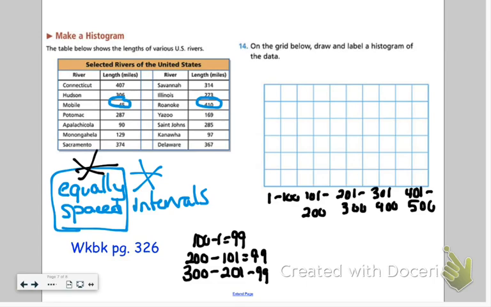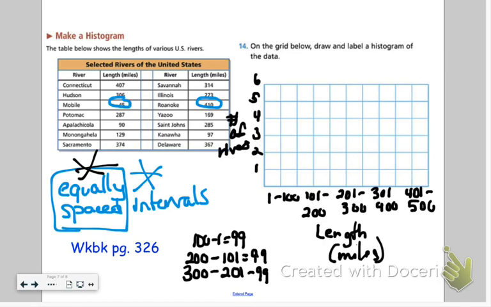And then for our frequency on the other side, so this is the length in miles. And then on the other side we have the number of rivers. So we have 1 river, 2 rivers, 3 rivers, 4, 5, 6, you got it. So what you're going to do is you're going to graph some of these.